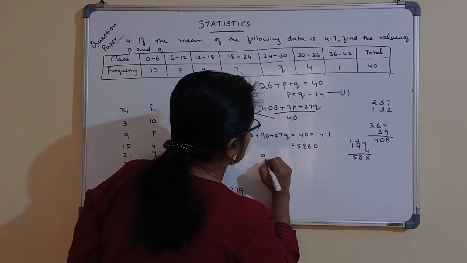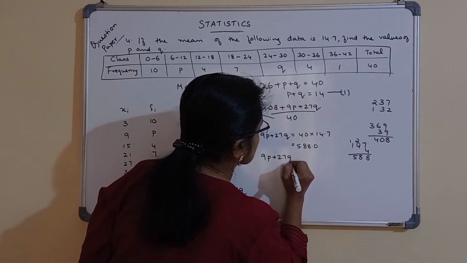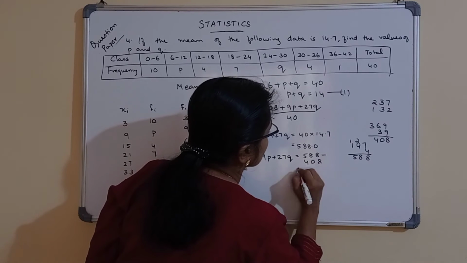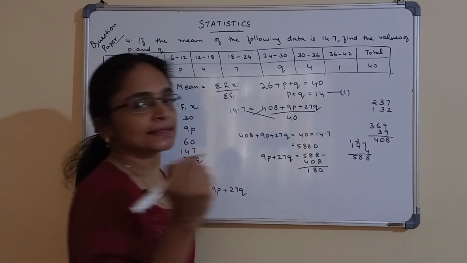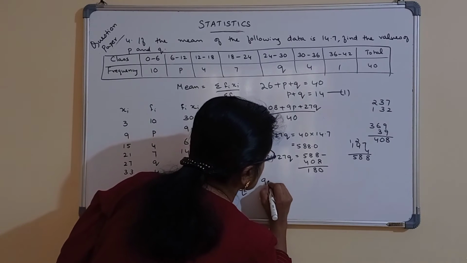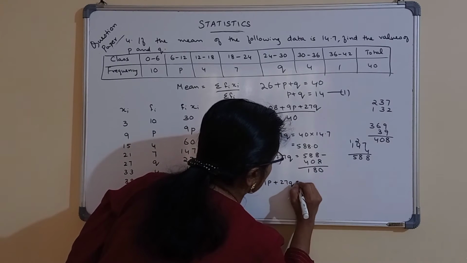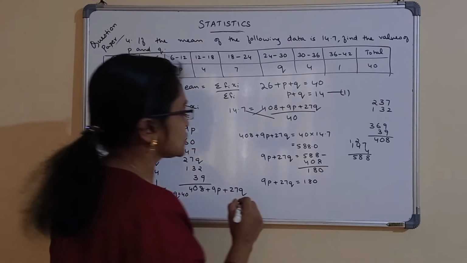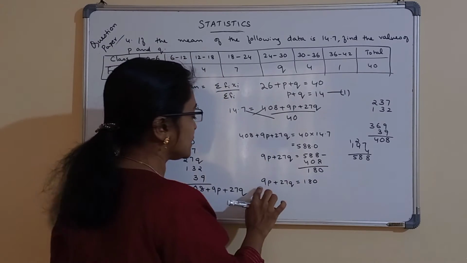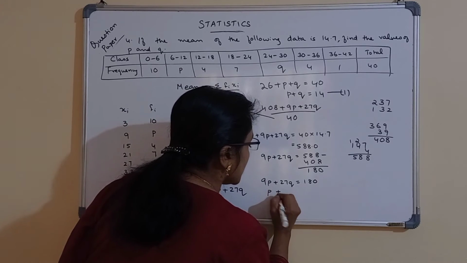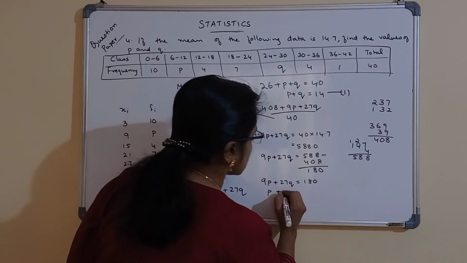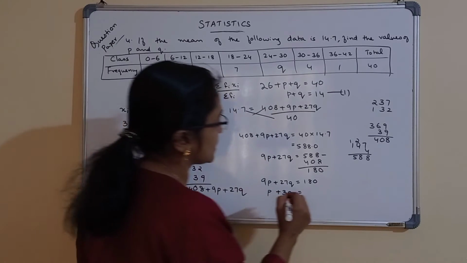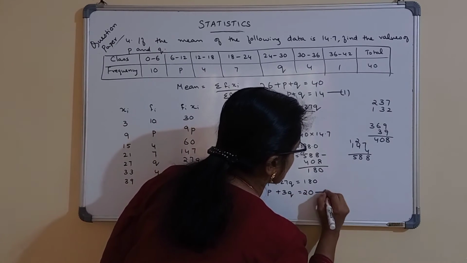So 9p plus 27q is equal to 588 minus 408, which is equal to 180. That is 9p plus 27q is equal to 180, and 9 is a factor of all these terms, which means we can divide this by 9. When we divide this by 9, we will get p plus 3q is equal to 180 by 9, which is 20. So this is equation 2.